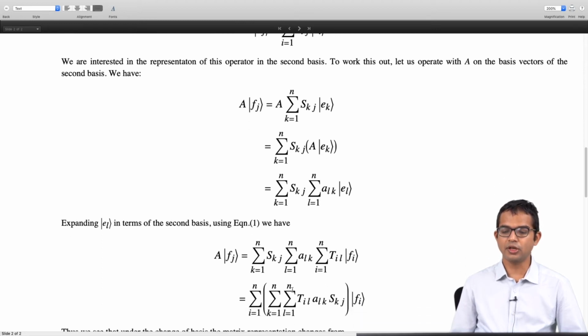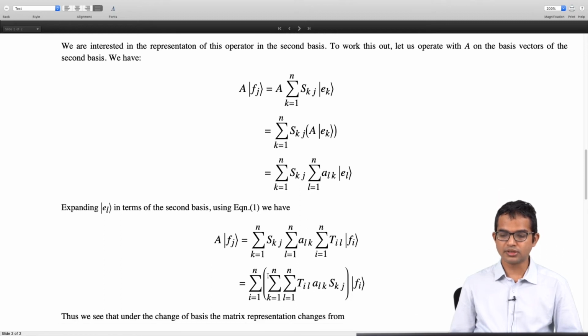So now I can regroup these summations in this way. I'll bring the summation over i right at the beginning, then I have a summation over k, summation over l, and then it's convenient to rearrange these coefficients in this way, Til, Alk, Skj, which gives it a very suggestive form. And then finally you have a summation over Fi. So you see that this stuff inside the brackets is really the product of three matrices.